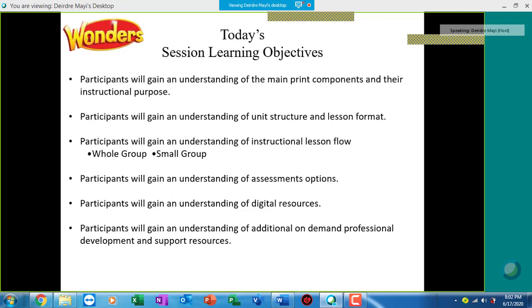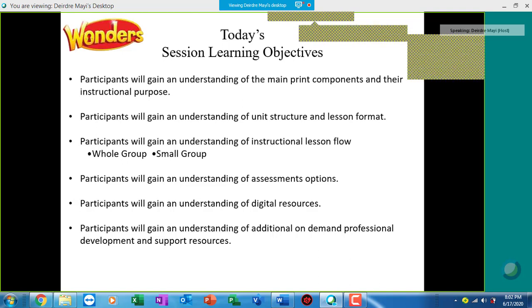Now, as we get started, we've got very little time to accomplish a lot of objectives. What are the objectives for today? Well, today, it's my hope that you will gain an understanding of the main print components and their instructional purpose. It is hoped that you will gain an understanding of unit structure and lesson format.